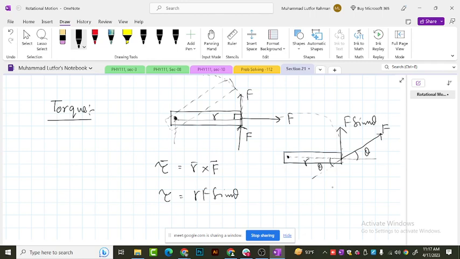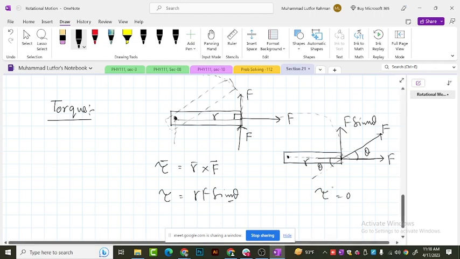Let's say in this case I apply it over here. If I apply the force over here, the system is not going to rotate. Why? In that case, the torque is 0. How does it become 0? This time the angle is 0, right? Because your displacement is in that direction and the force is also in that direction. They are in the same direction, parallel vectors. So that's why the angle is 0. If the angle is 0, then sine theta is 0.